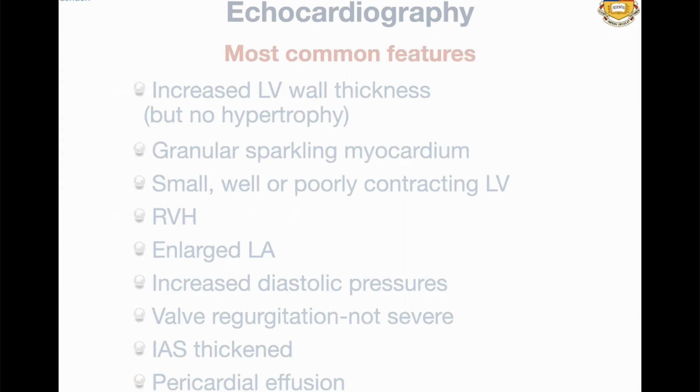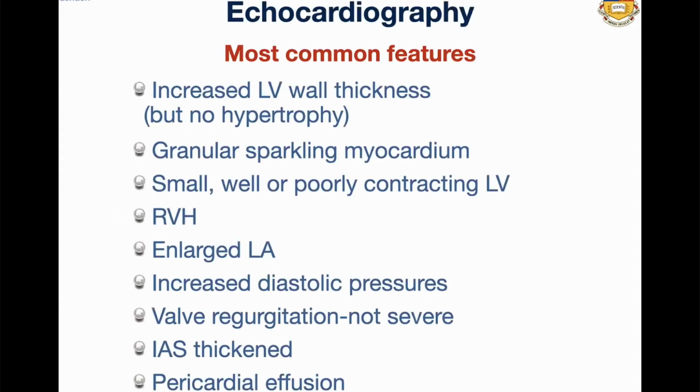The most common feature with echocardiography is increased wall thickness, but remember, we cannot talk about hypertrophy. A small but well, or even poorly contracting left ventricle, involvement of the right ventricle in the vast majority of patients with amyloid as opposed to hypertrophic cardiomyopathy, and an enlarged left atrium indicating diastolic dysfunction, increased diastolic pressures.